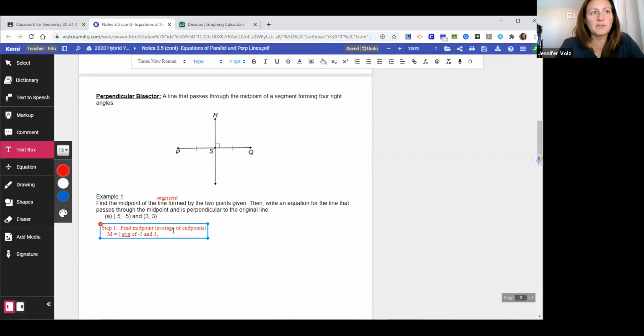And then for the y coordinate, we have to find the average of -5 and 3 again, because the y coordinates are also -5 and 3. So whatever we find as the average for -5 and 3 is going to be both coordinates of the midpoint. So what is the average of -5 and 3? -5 plus 3 divided by 2.